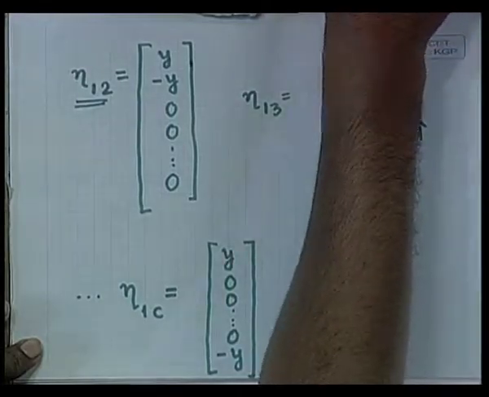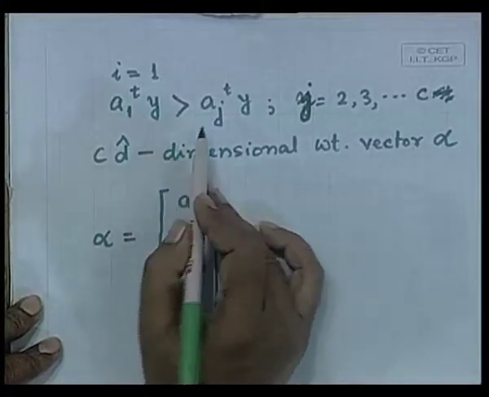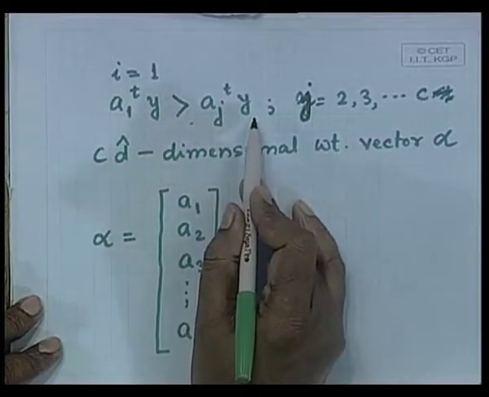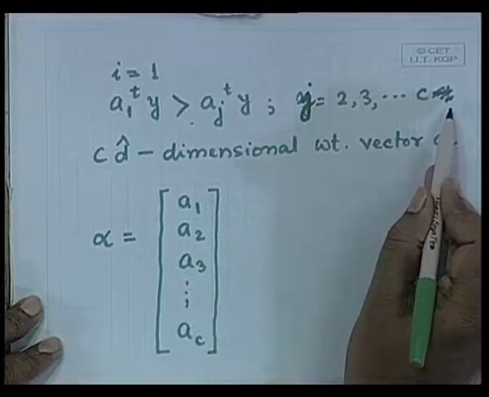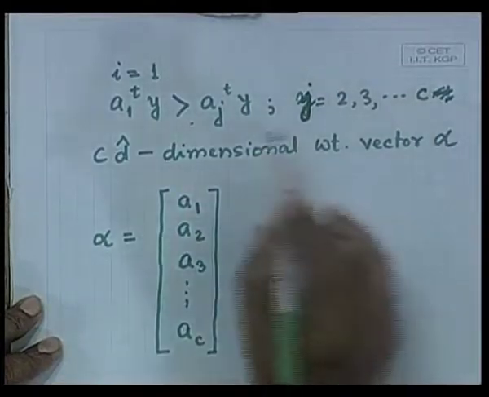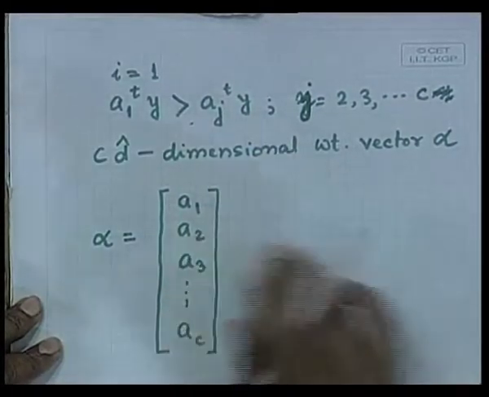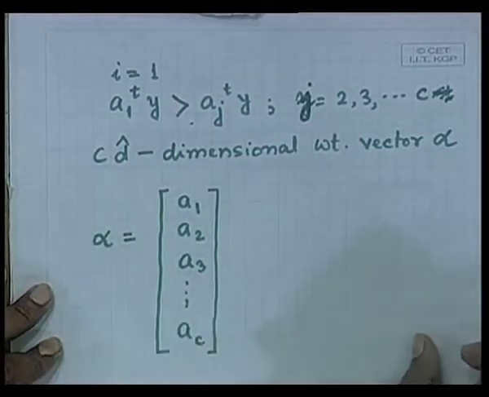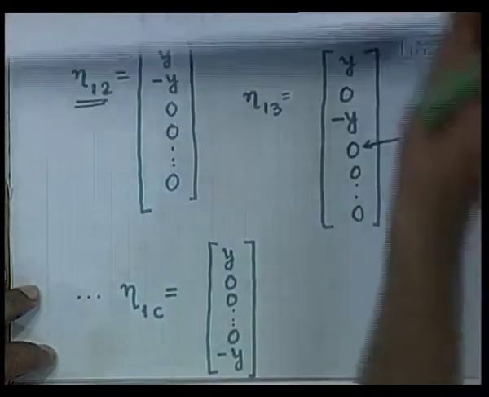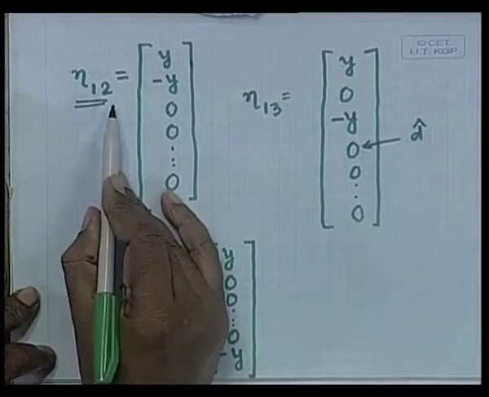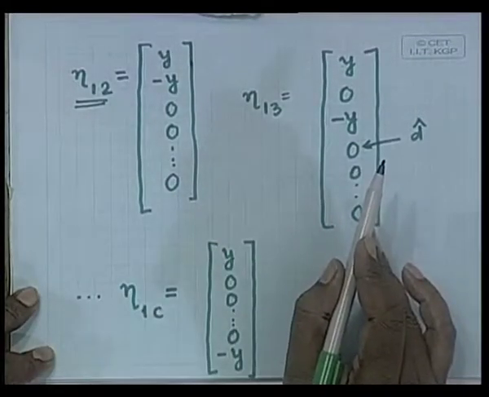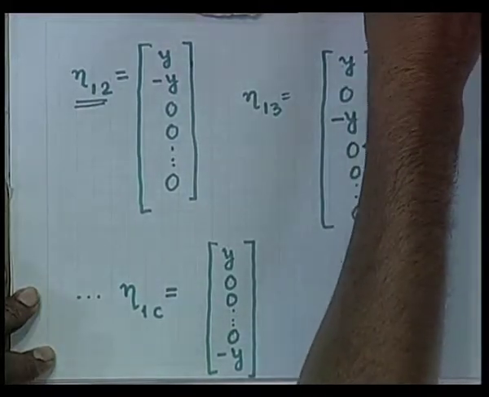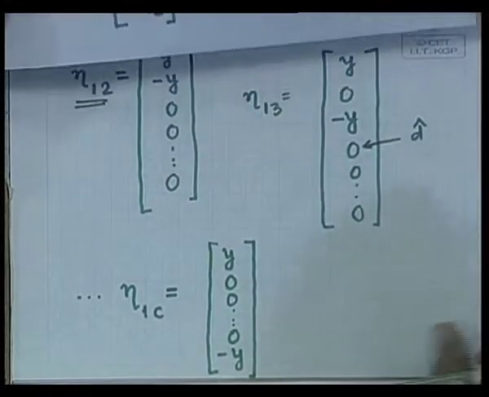So, the inequality a 1 transpose y greater than a j transpose y for j varying from 2 to c is equivalent to saying that alpha transpose eta 1 2 is greater than 0.